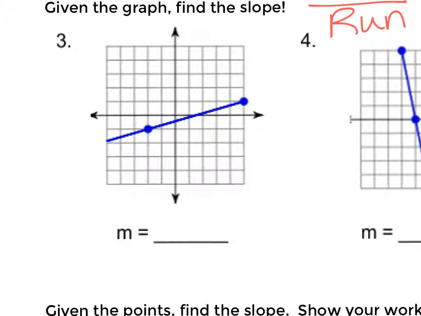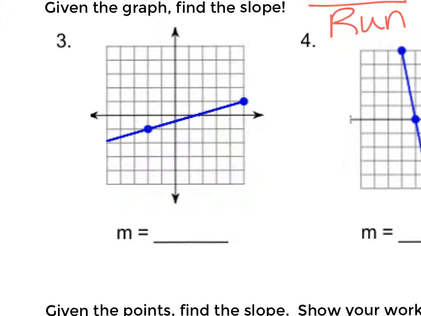Well, my slope is positive because from left to right, it's pointing upwards. Remember, if I was drawing a mountain, I would be going up the mountain as opposed to down the mountain. So our slope is positive.